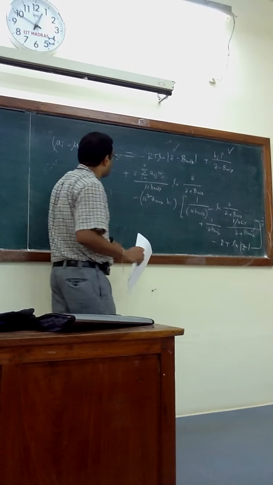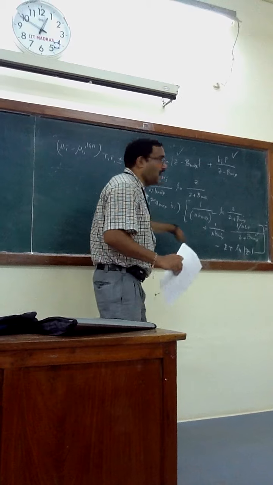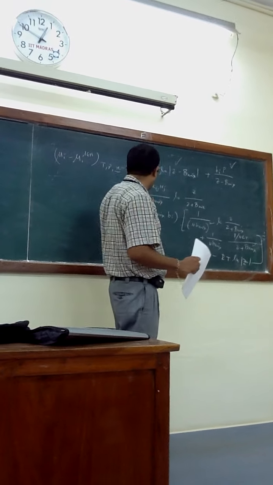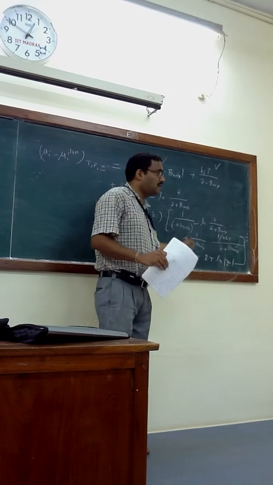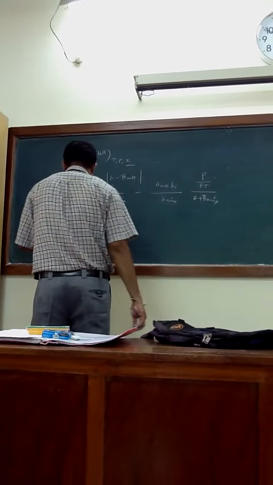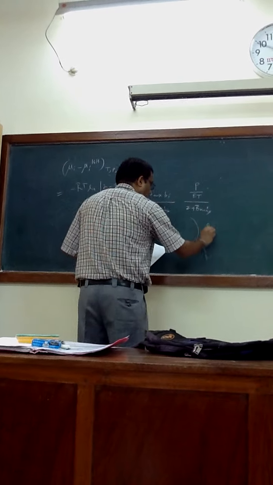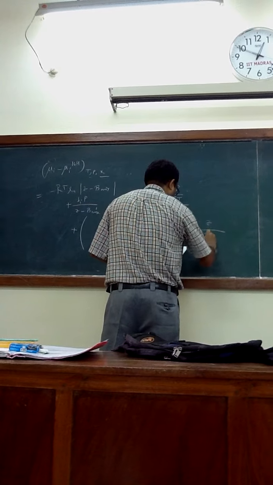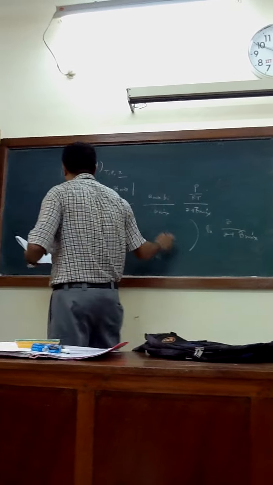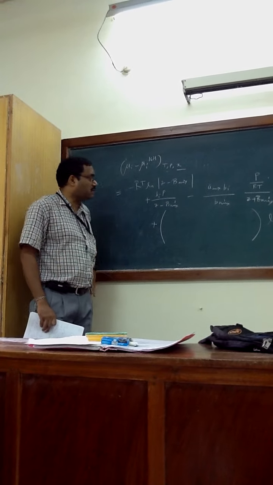Only terms left are this and this. Only terms left are this term and this term. Okay. So the last term is a bit complicated. You can do it. I am connecting and writing Z by Z plus B mix. So far you have agreed, right? Okay. So what are the terms remaining?